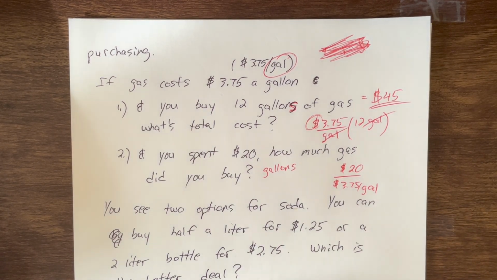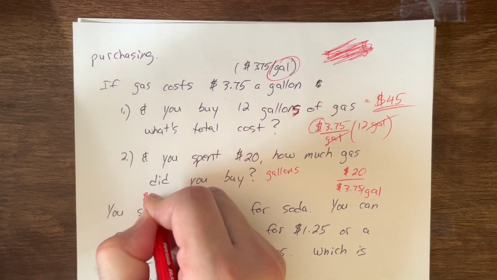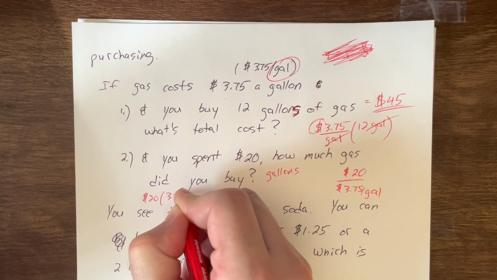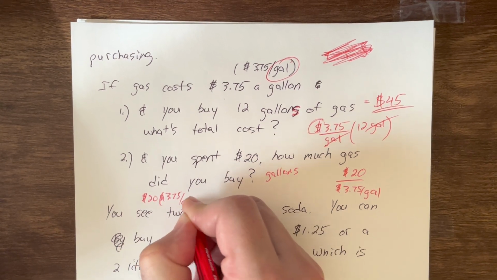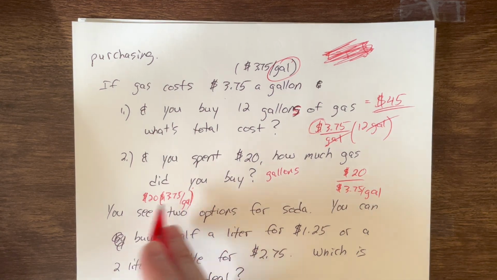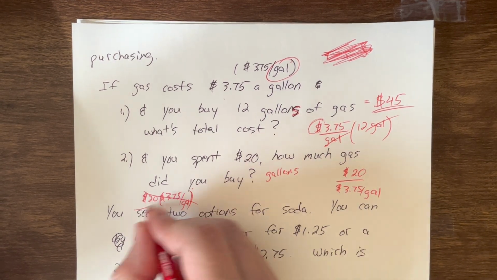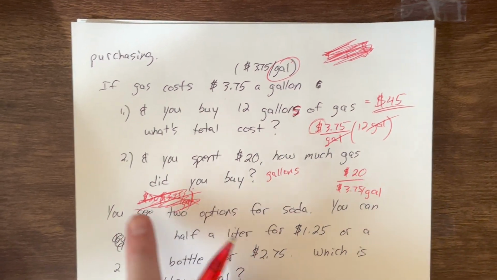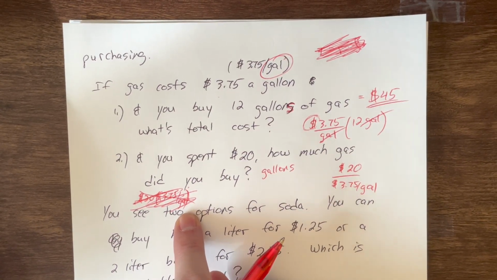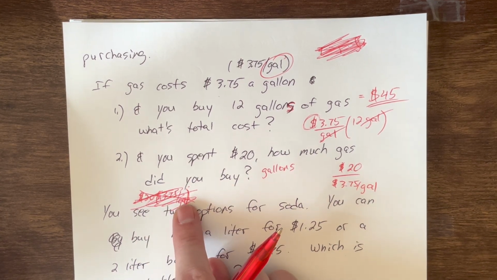Whereas if you try doing something else, if you try to just copy this way and go, okay, I've got $20 times $3.75 per gallon, nothing good happens. I multiply, but I get dollars times dollars divided by gallons. Nothing good is going on here. So before I do any arithmetic, the units clued me in that I did not have the correct setup.